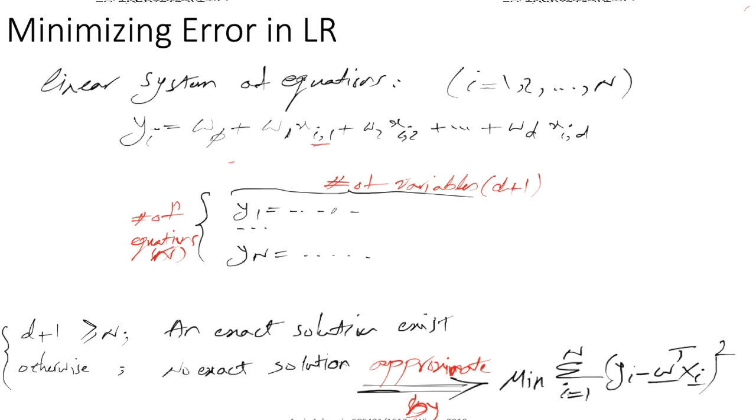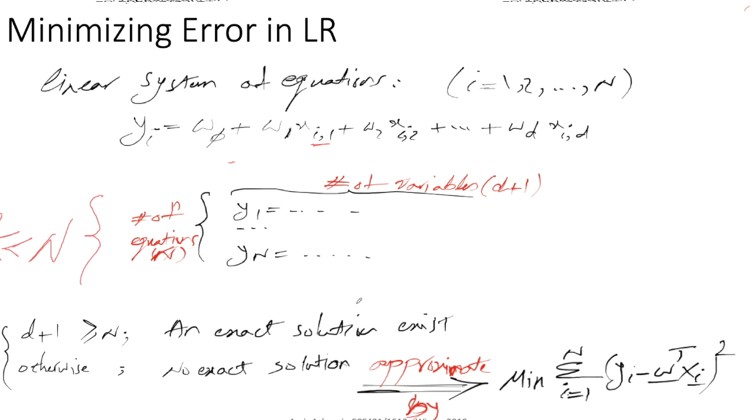And unfortunately or fortunately, in most cases in machine learning, you have many data points, and this is huge. You're going to have a big N, and a smaller D. You have like 5, 10 features, and maybe 1,000 data points of history.